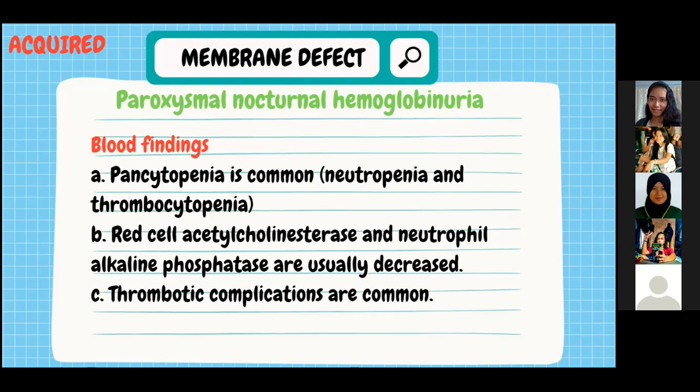Next, red cell acetylcholinesterase and neutrophil alkaline phosphatase are usually decreased. So this one is also decreased. Also, thrombotic complications are common.